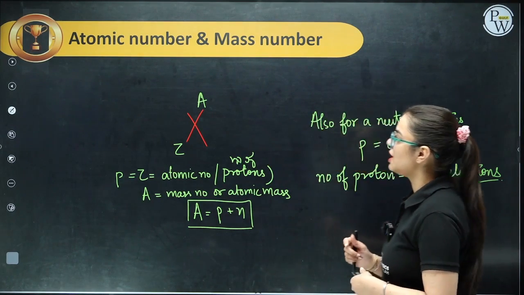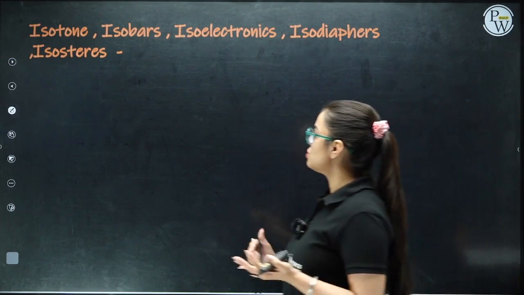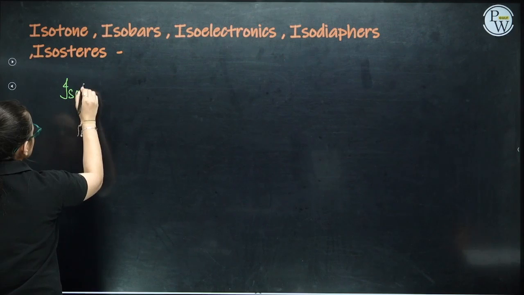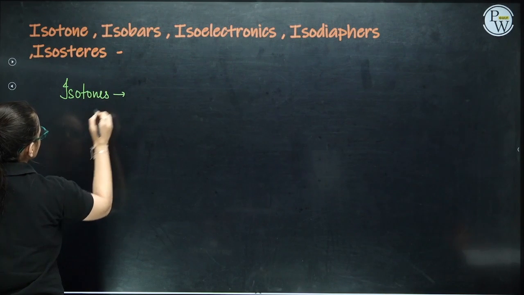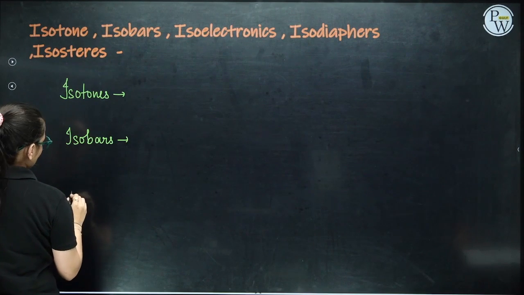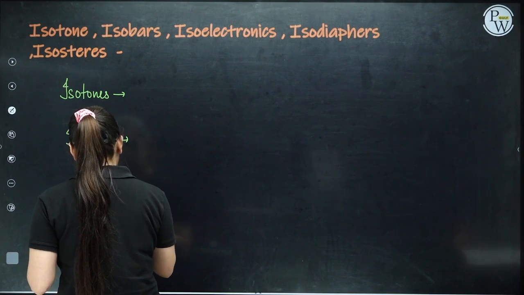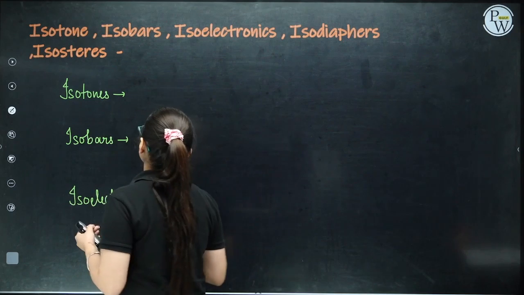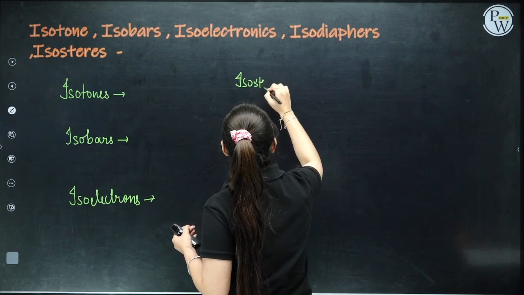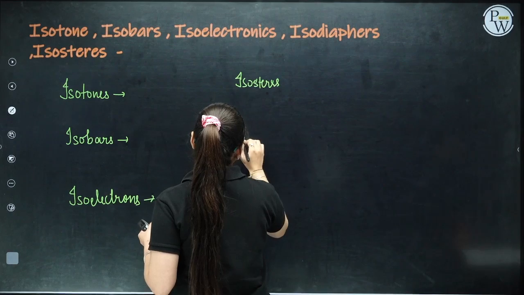Okay, so first of all, let us understand the very first topic of ours. What are isotones? What are isobars? See, isotones, isobars, then we have isoelectronics or isoelectrons, then we have isosters, and we have isotopes.